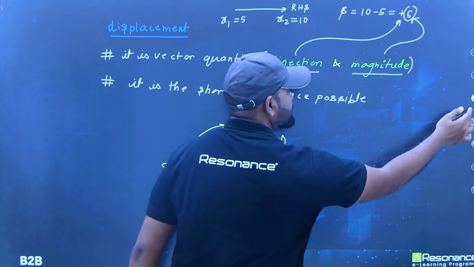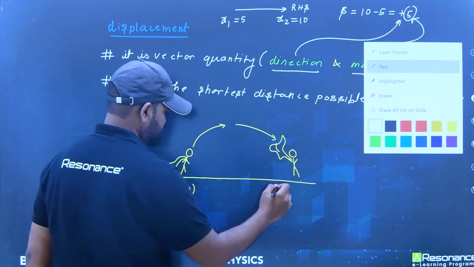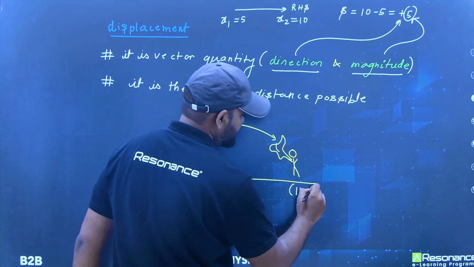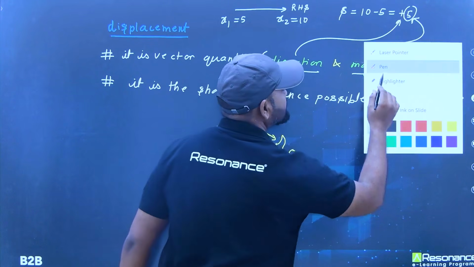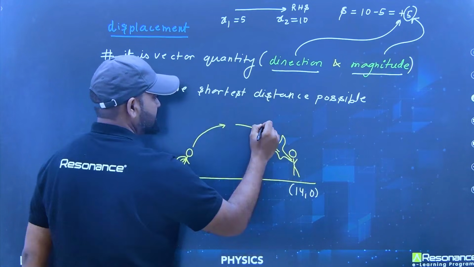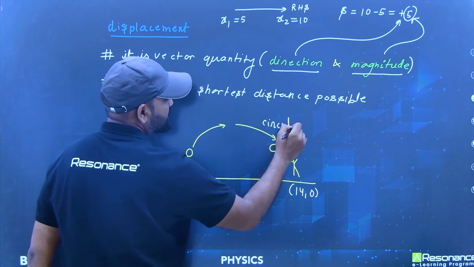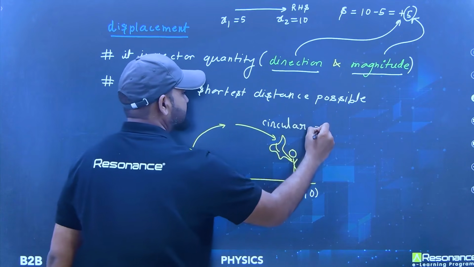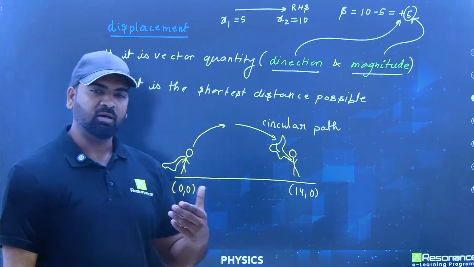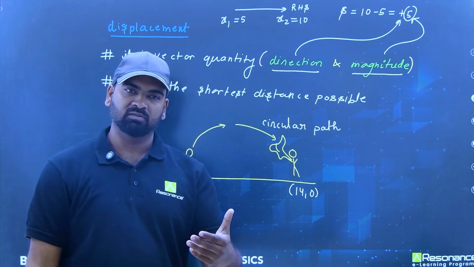So here let's have it as 14 comma 0. So here we're getting a circular path, and I'm going to tell about distance and displacement both.